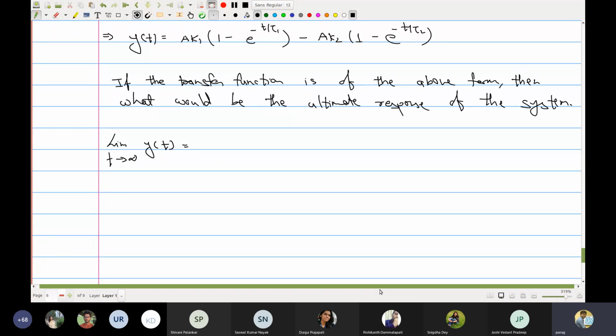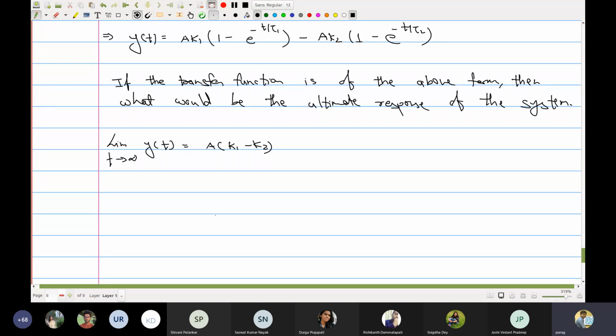The e to the power minus t term will go to 0 as t tends to infinity. Similarly, for the second term the exponential term will become 0, so I will have a times K1 minus K2. This is my ultimate response.